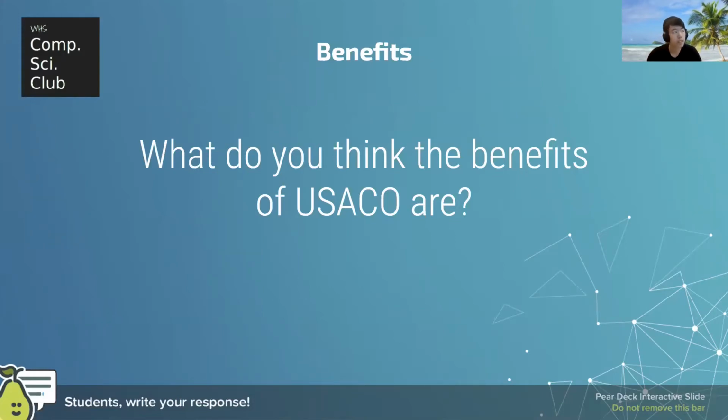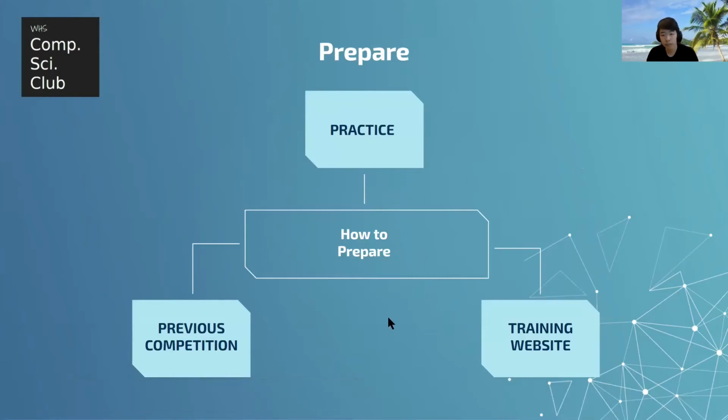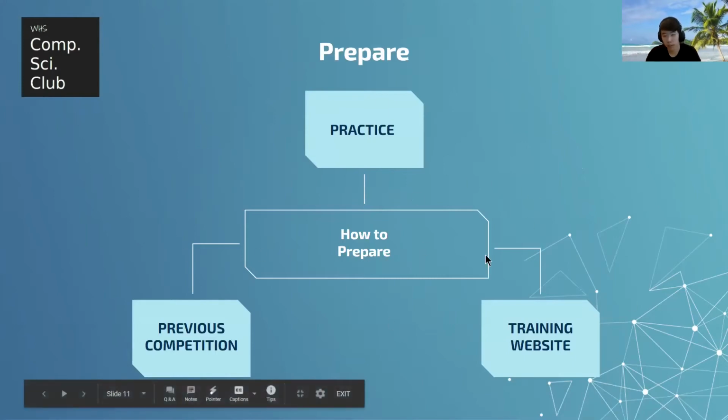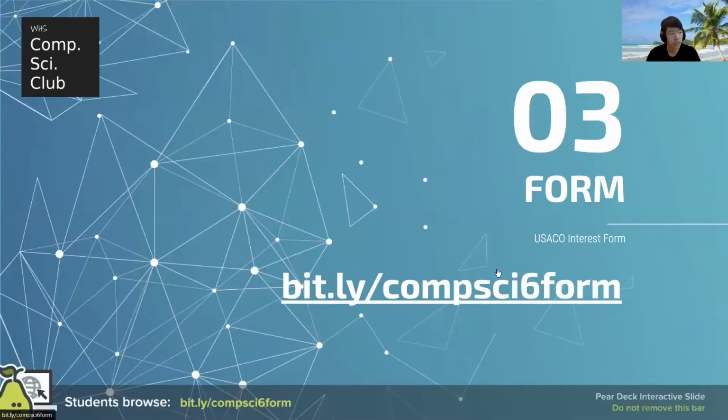It really helps, especially if you are trying to major in computer science, or your target is to work in the computer science field later in the future. So how you can prepare is you can practice via previous competitions, and they do have a training website, and we'll talk about those later, and you guys can find these quite easily if you want to.